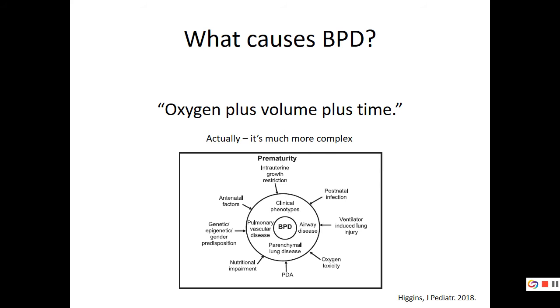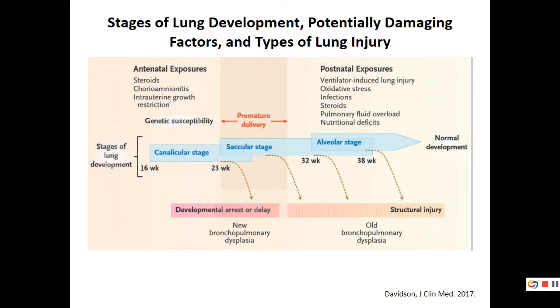Did the baby get sepsis or necrotizing enterocolitis or have some sort of infection and release inflammatory cytokines that impacted the lung? And then what was the baby's airway disease or pulmonary vascular disease? So there's all of these different factors that influence whether or not a baby develops BPD.